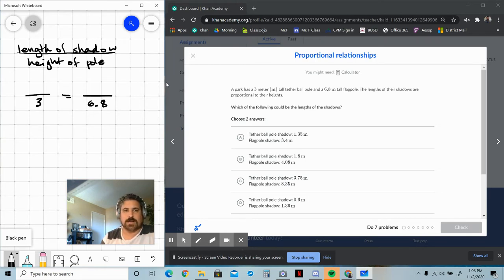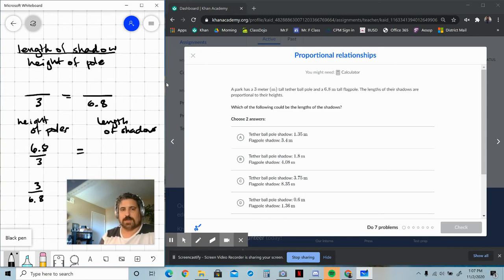You could also set it up as the ratio of the height of the poles on the left and the length of the shadows on the right. The height of the poles might be either 6.8 over 3, or 3 over 6.8, it doesn't really matter, and then the corresponding length of the shadows.